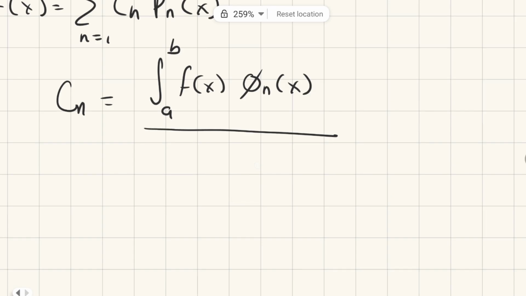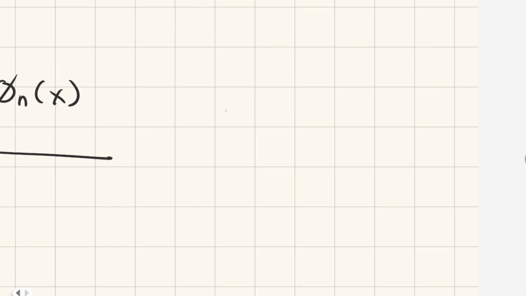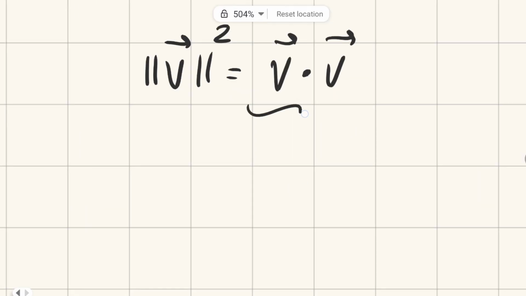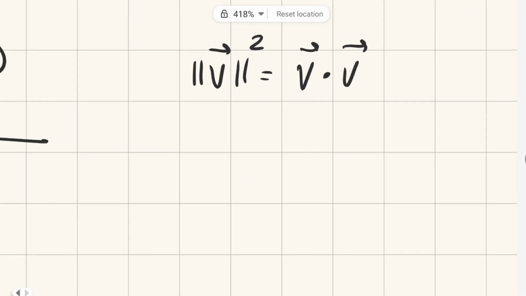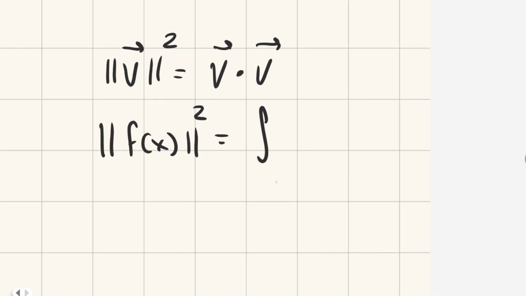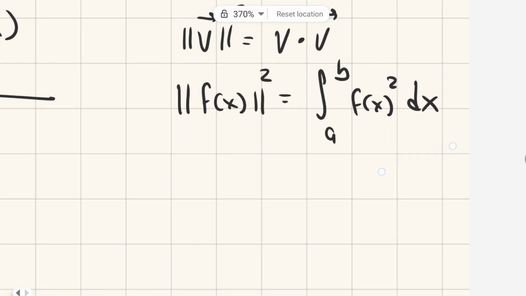So what is the norm? Remember that in the context of vectors, we know that the norm of a vector b can be seen through b dot b. Well, this is actually the norm squared. And if we consider the dot product between vectors as the inner product between functions, a similar tool, we can say that the magnitude of a function f of x squared is equal to the inner product of f of x with itself, integrated on the variable x.